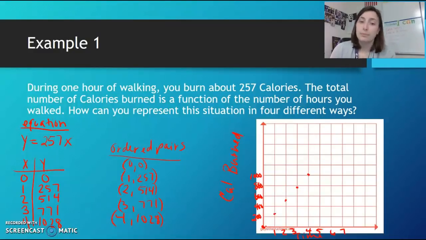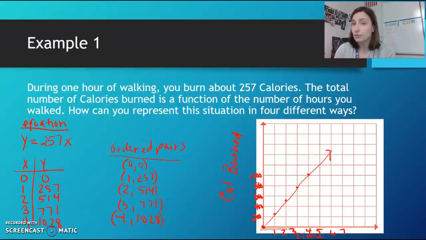And then, remember when we talked about proportional relationships, we could be continuous or discrete. I'm still going to burn calories for every minute that I walk. And so we would do our best to draw a straight line through here because this is a continuous situation.